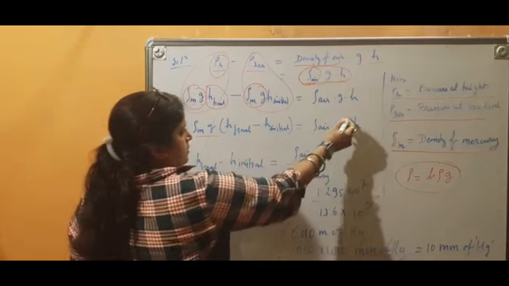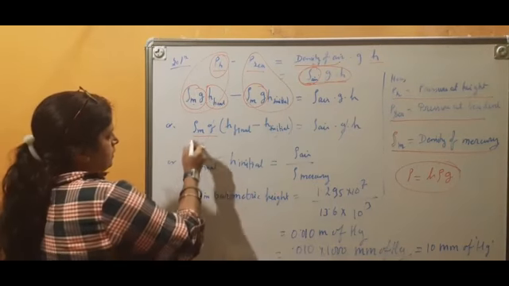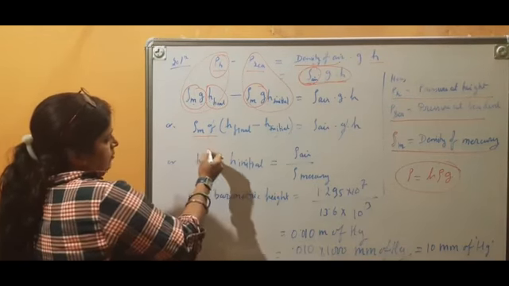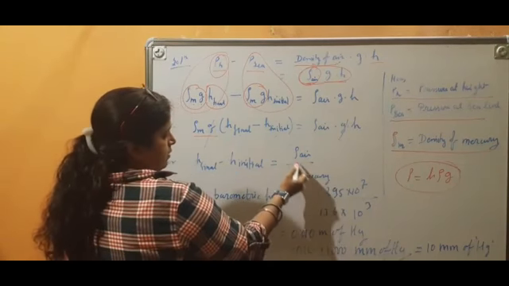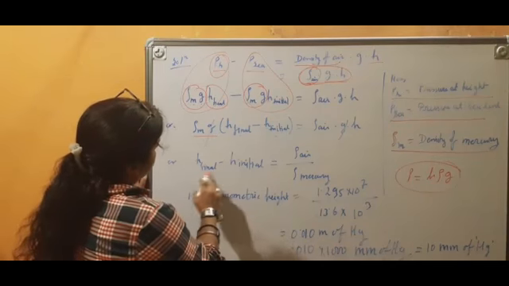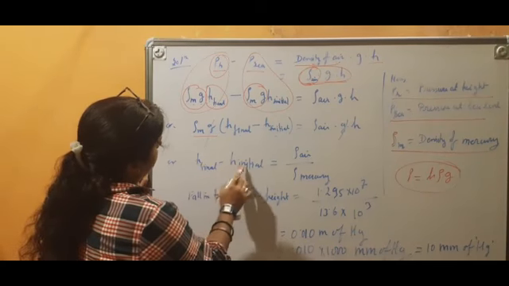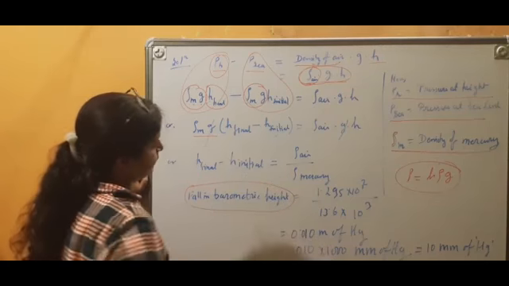Now acceleration due to gravity cancels from LHS and RHS. Then I transferred the density of mercury to the right side, so it is density of air divided by density of mercury, that is rho air over rho mercury. And when you subtract these two, final height and initial height, that is the fall in barometric height.